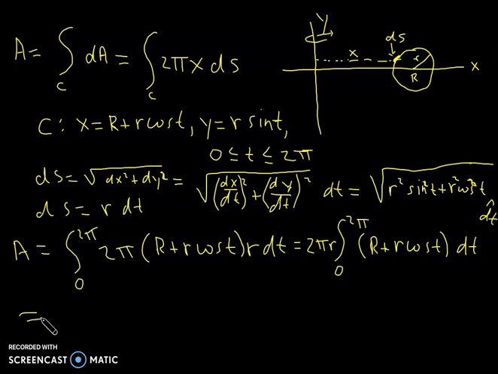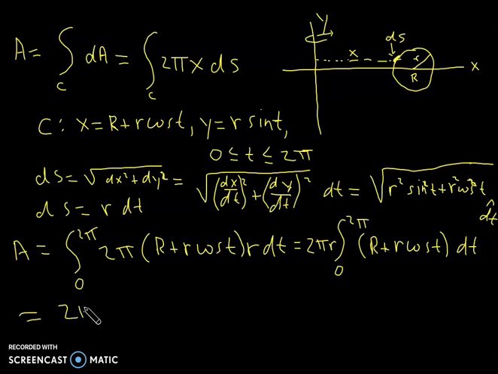But when you look at this integral, you're going to split it up into 2 integrals, and so you'll have the integral from 0 to 2 pi of big R dt plus the integral from 0 to 2 pi of little r cosine t dt. But if you look at the graph of the cosine function from 0 to 2 pi, you've got the same amount of area above the t-axis as you have below the t-axis, so all the area cancels out. And the integral from 0 to 2 pi of cosine t is 0.